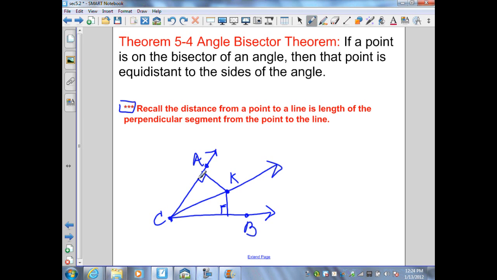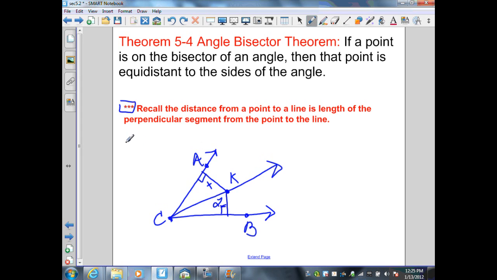Then, this length, which I can call X, and this length, which I can call Y, would be congruent. In other words, if I have a point on the angle bisector, then the segment that is a perpendicular segment from that point to the sides are congruent.